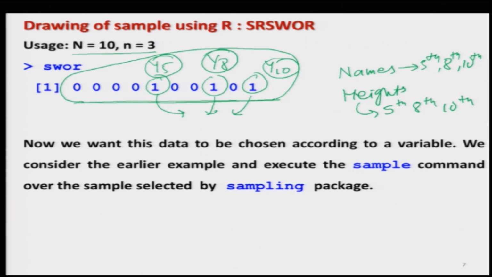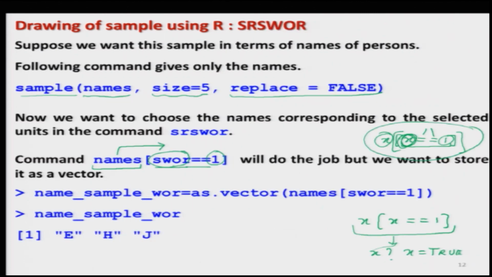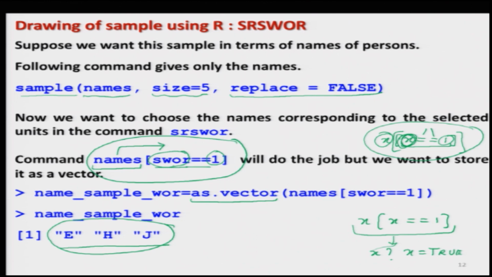SWOR was 1 at Y5, Y8 and Y10. And you can see in this table that the Y5 name is E, the Y8 name is H and the Y10 name is J. So I am looking for these values E, H and J. And now, if you look at this outcome, you are getting E, H and J. One thing you have to keep in mind is that the command names SWOR double equal to 1 will give you the same outcome E, H and J, but I am using as.vector here because I want to save the outcome of this command in the form of a data vector, so that it is compatible with mathematical manipulations at a later stage.